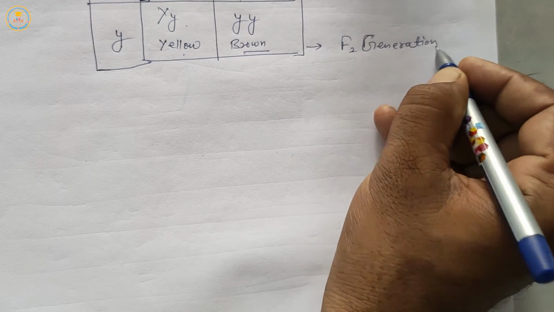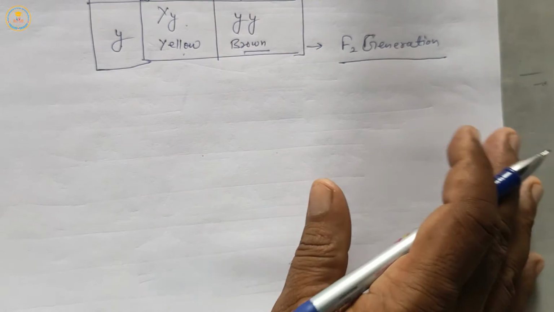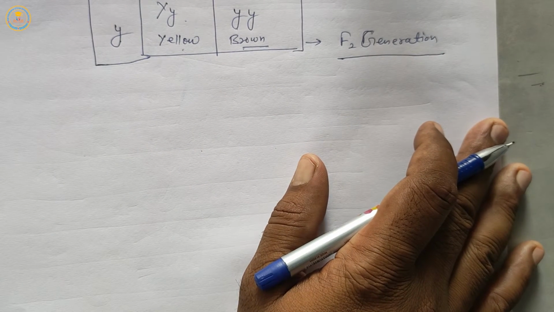According to Mendel, in the law of segregation, the F2 generation ratio is 3:1.